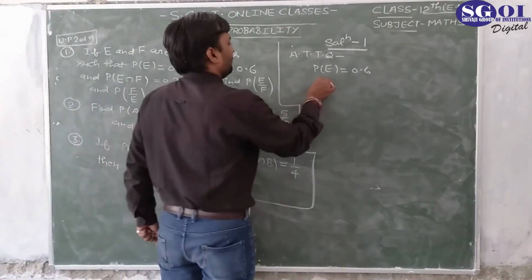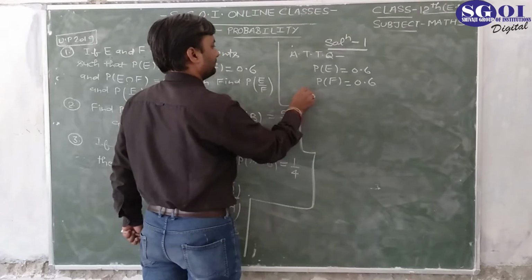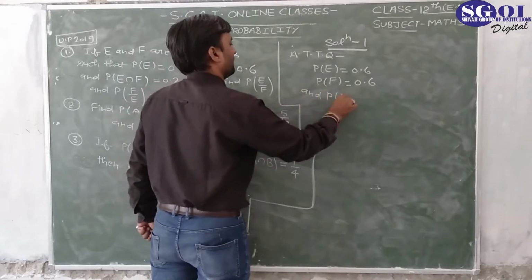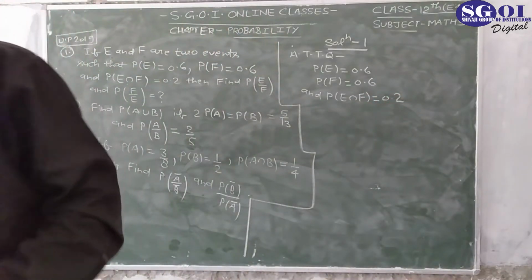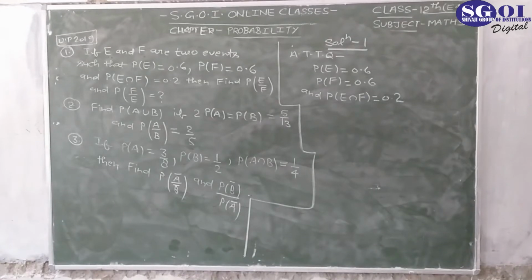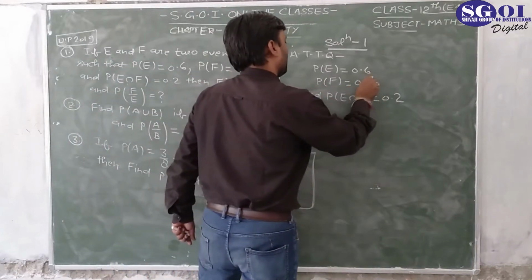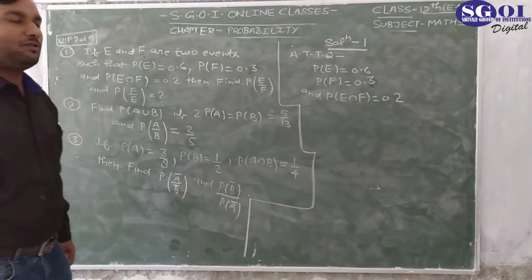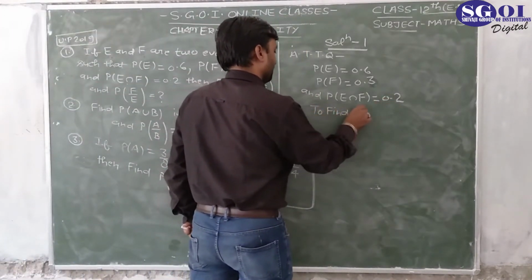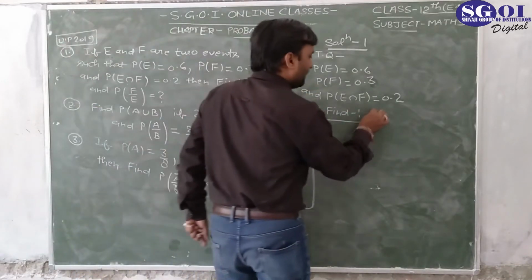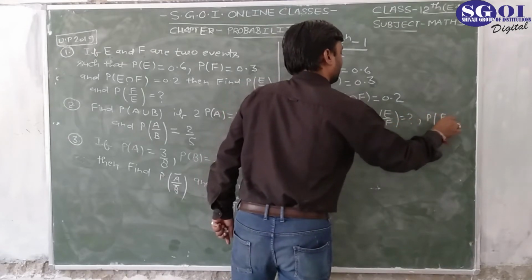Probability of F is equal to 0.3 and probability of E intersection F is equal to 0.2. Then find probability of E by F and probability of F by E.